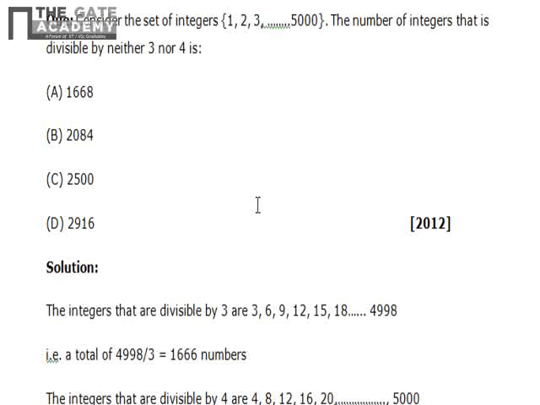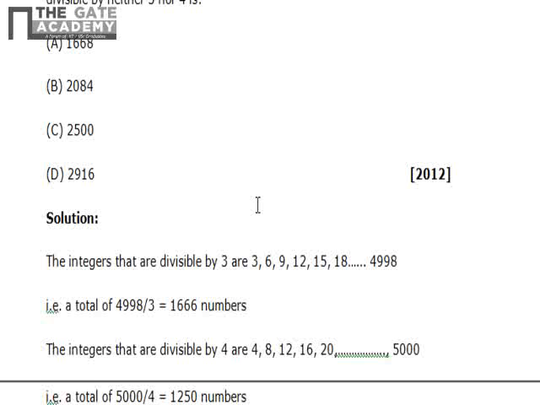So the total number of integers which are divisible by 3 is 4998 divided by 3, that is 1666. The number of integers divisible by 4 is 4, 8, 12, 16, 20 up to 5000, because 5000 is also divisible by 4. So the total number is 5000 divided by 4, that is 1250 numbers. But here you can see 12 and this 12 is common.